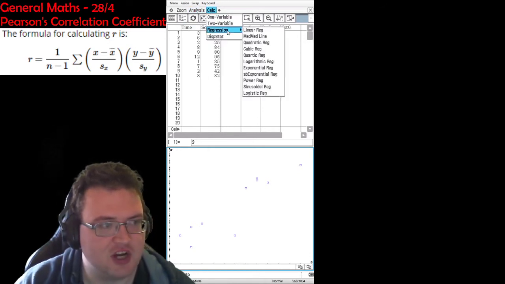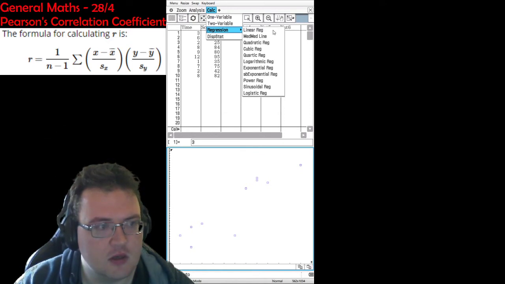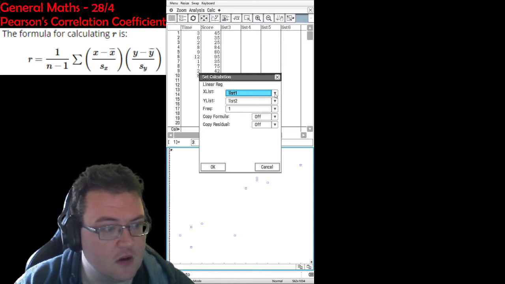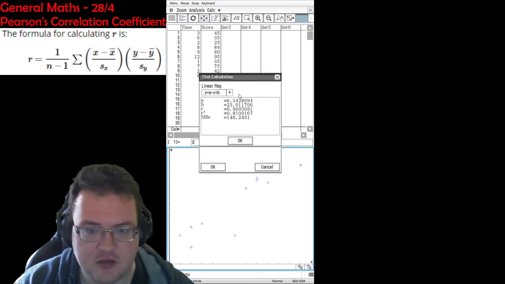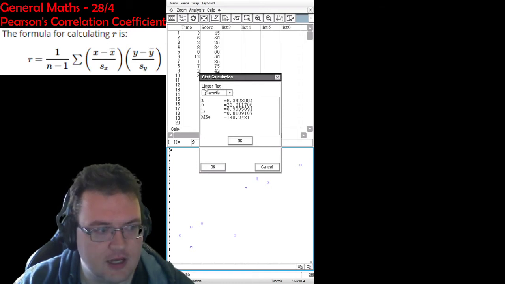we go to regression, linear regression, because again, this is a straight line. You're then going to make sure that you have your correct lists selected. And then you're going to hit OK. And you're going to get an equation in here, linear regression.